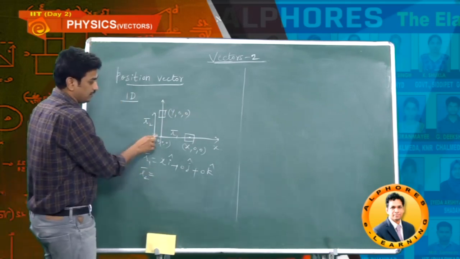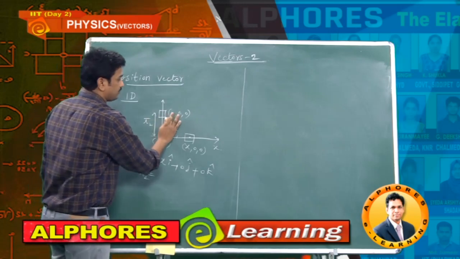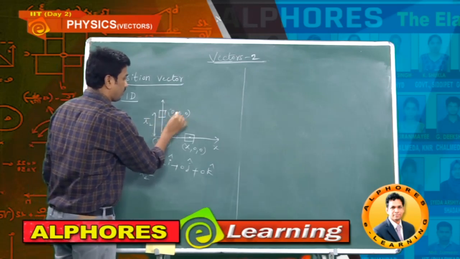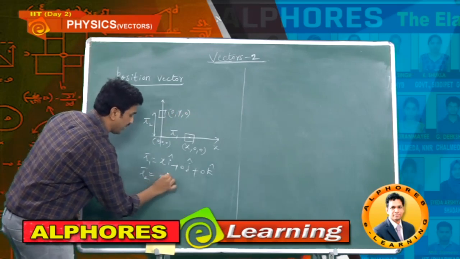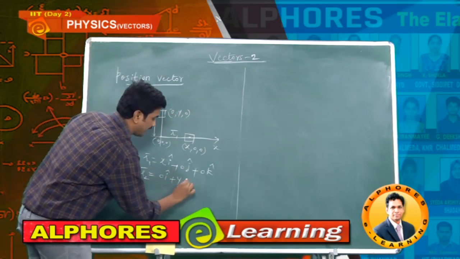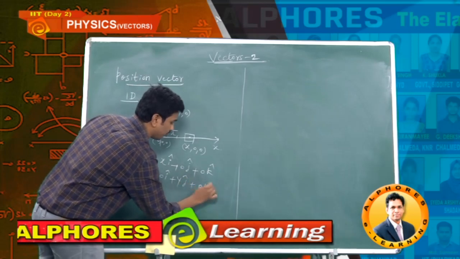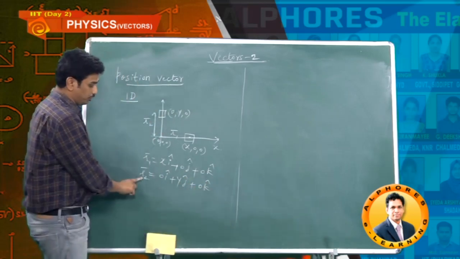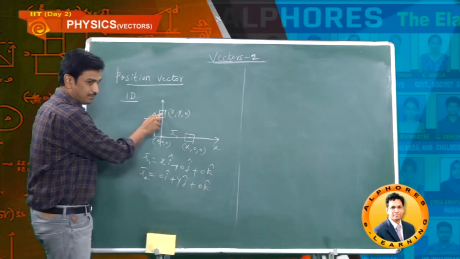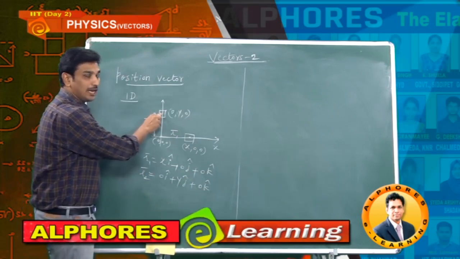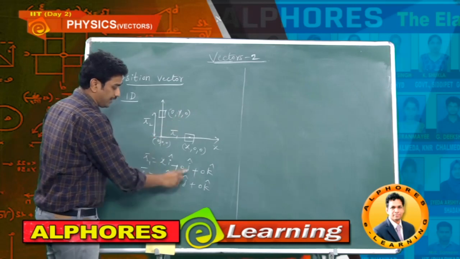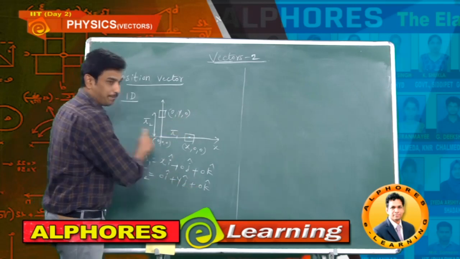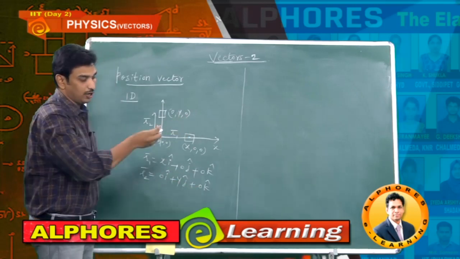R2 bar. Here the y coordinate is y, the x coordinate is 0: 0 i cap, y j cap, 0 k cap. The position vector of a body moving along the y axis is 0 i cap plus y j cap plus 0 k cap. Suppose the body moves along the z axis.